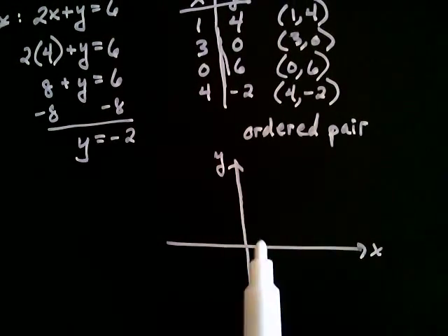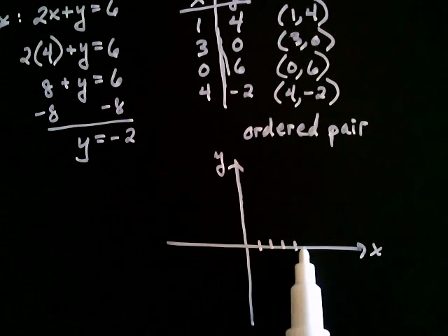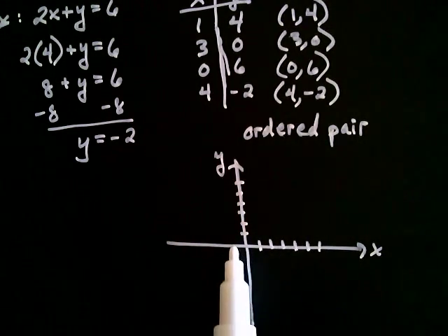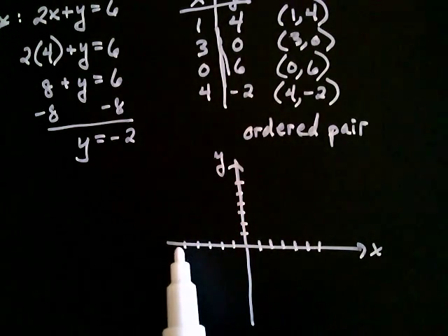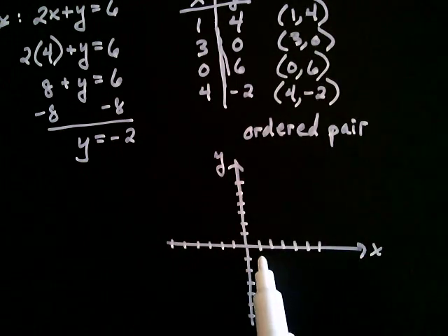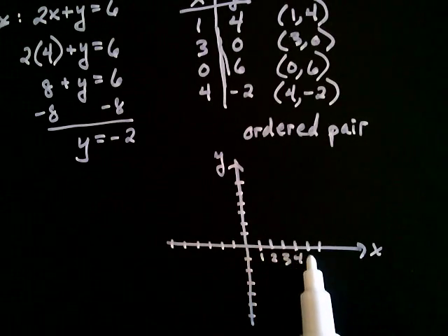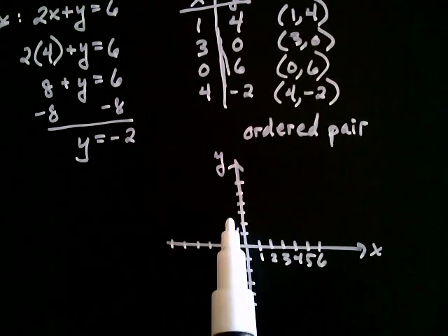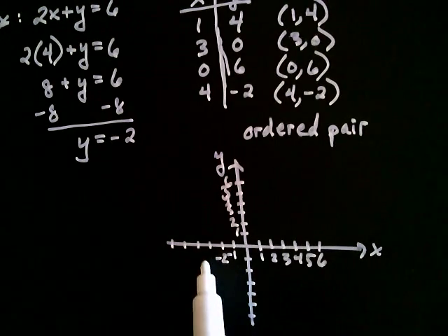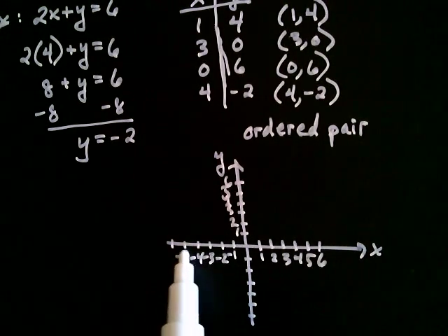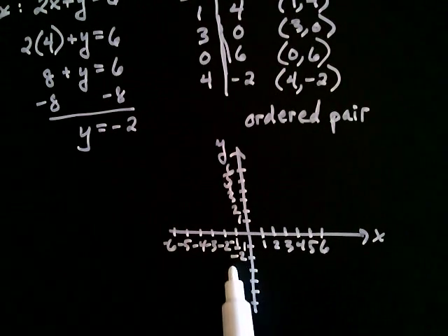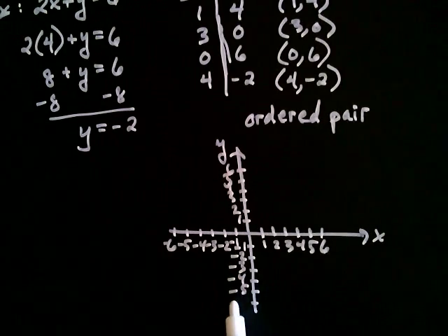So I'll mark 1, 2, 3, 4, 5, 6 along each direction, and label them 1 through 6 going right and up, and negative 1 through negative 6 going left and down.